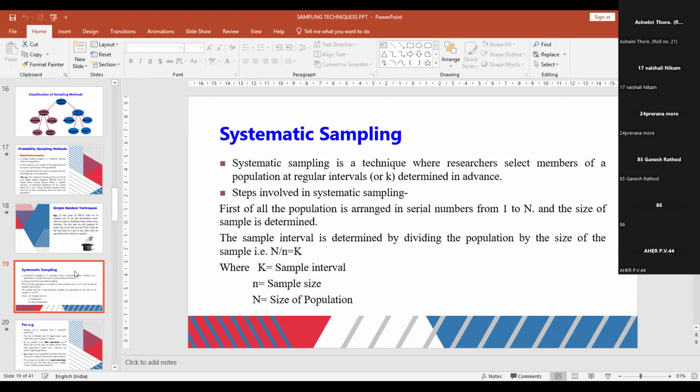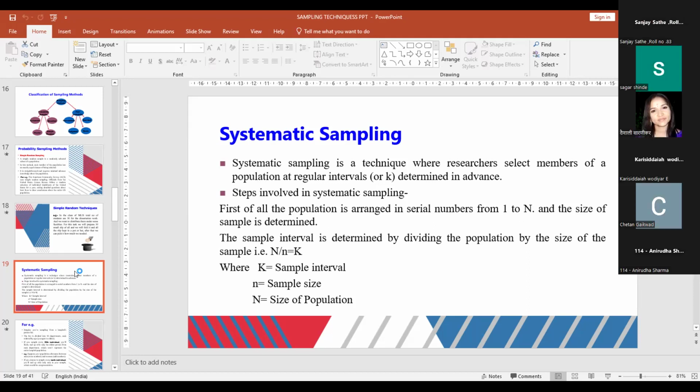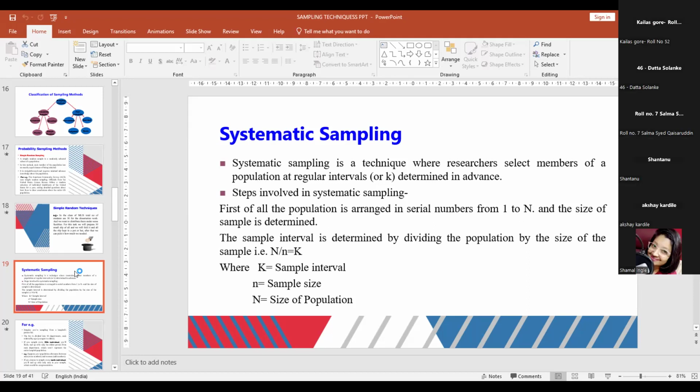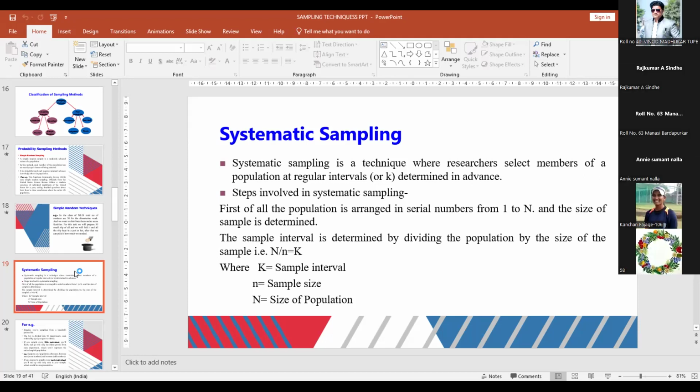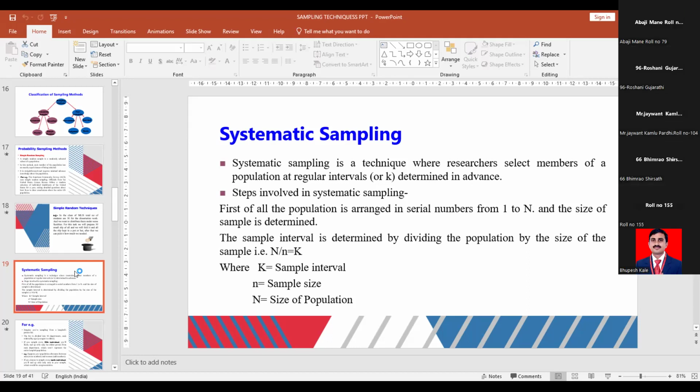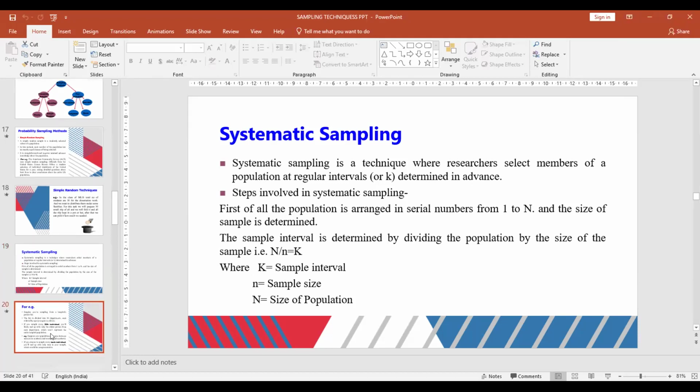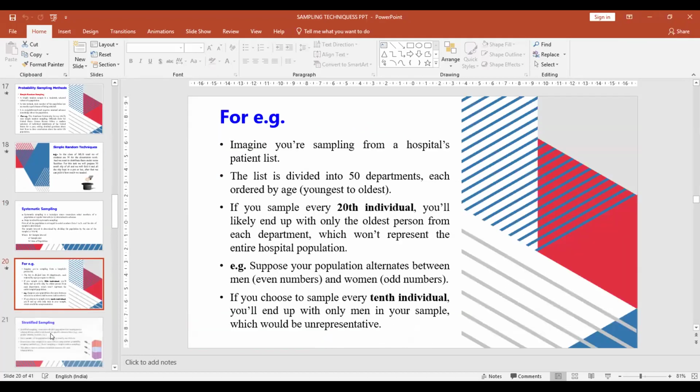The interval is determined by dividing the population size by the sample size: k equals N upon n, where k is the sampling interval, small n is the sample size, and capital N is the population size. As the name says, we go through this in a systematic way, with every nth interval.